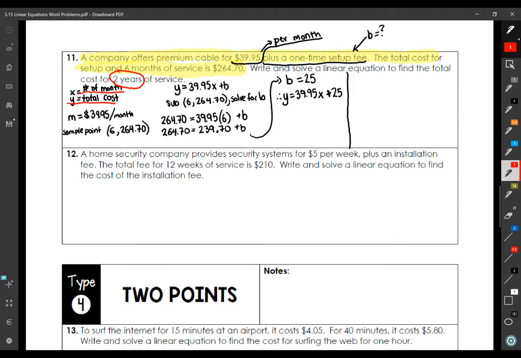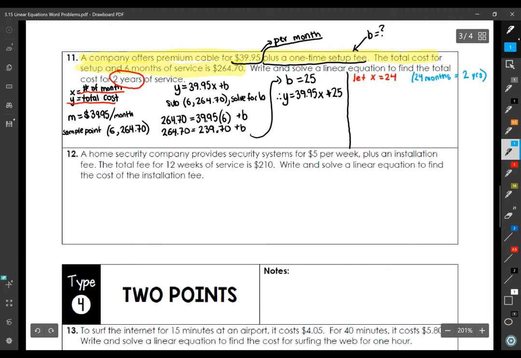So knowing that there's 12 months in every year, right? That would mean that our x, for 2 years, we're going to let x equal 24, right? I'll just write that. 24 months equals 2 years.